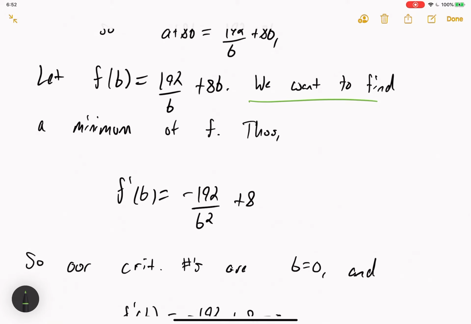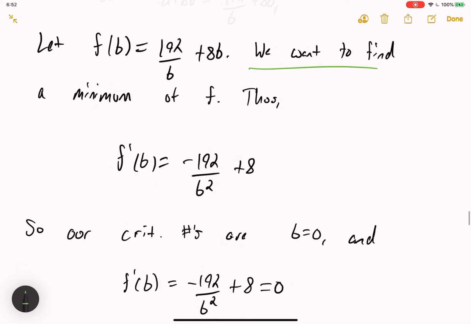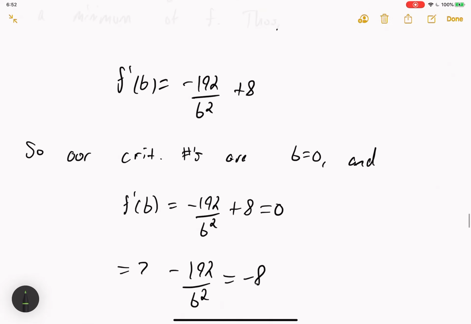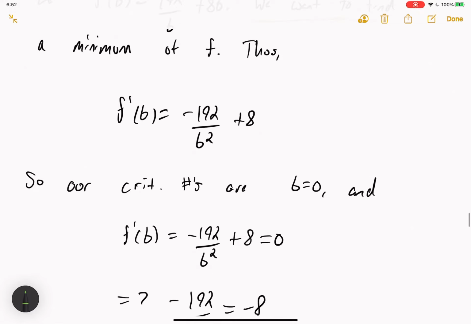So we want to find the critical points. We take a derivative and get f prime of B is equal to negative 192 divided by B squared plus 8. The critical numbers include B equal to 0, but that's undefined, and we don't want B equal to 0 because the product is a non-zero number.